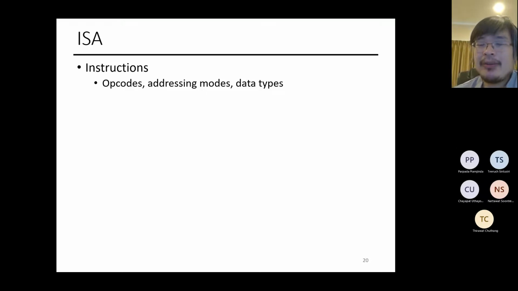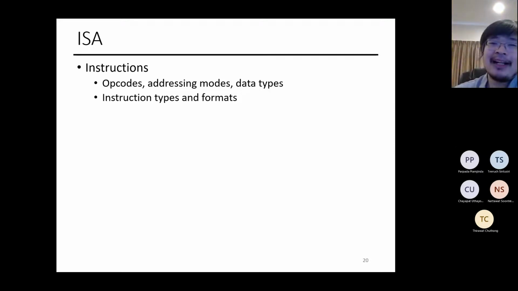It should have addressing mode. It should have a way to tell the data type: is it a floating point, is it a character, is it an integer? It should have instruction types and format. It should define the format such that if you're given certain bit patterns like 11110000011, the computer knows what the instruction is trying to convey from the program.